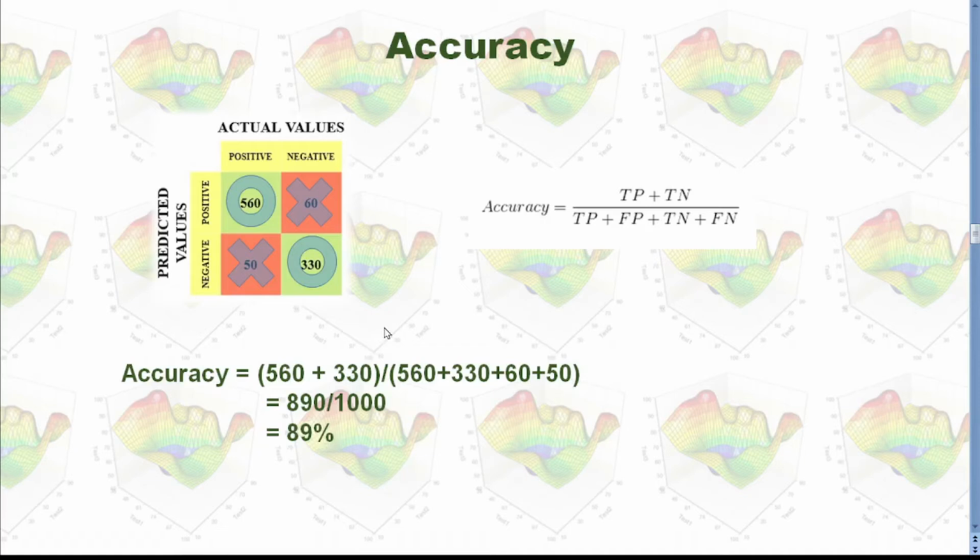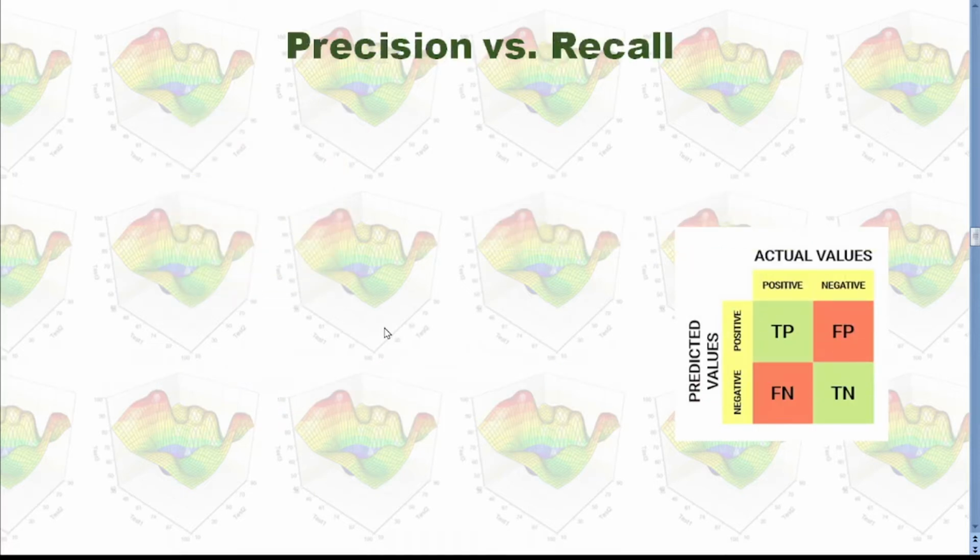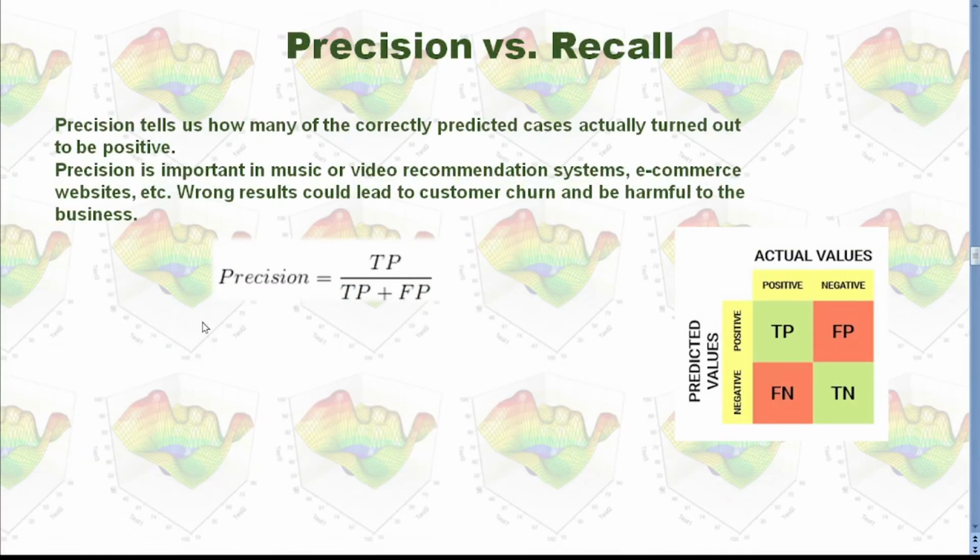Besides accuracy, there are two more measurements we can use to evaluate our model. They are precision and recall. Precision tells us how many of the predicted cases actually turned out to be positive.